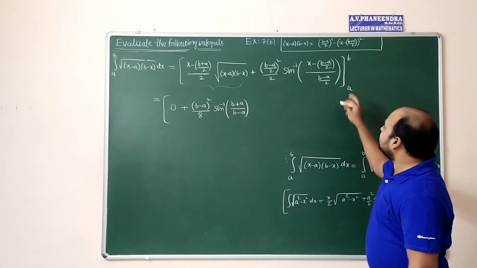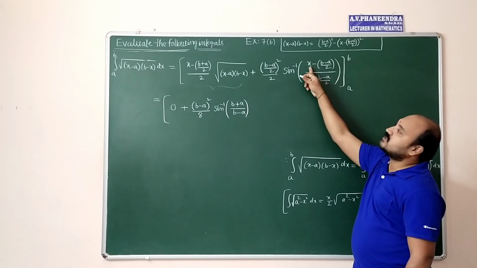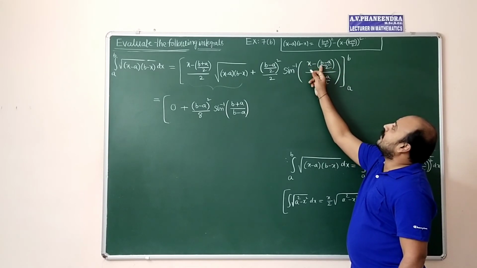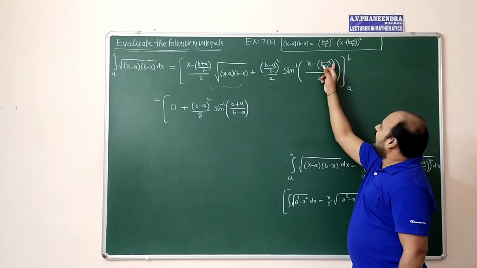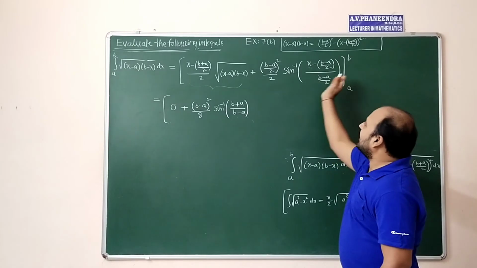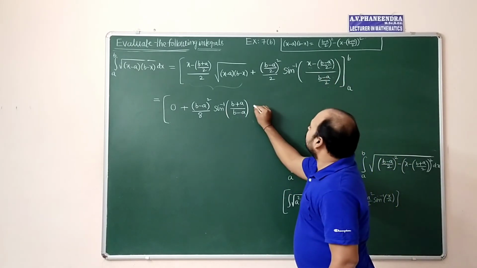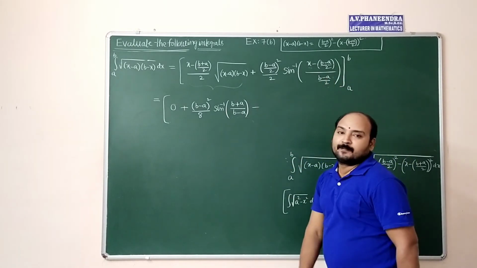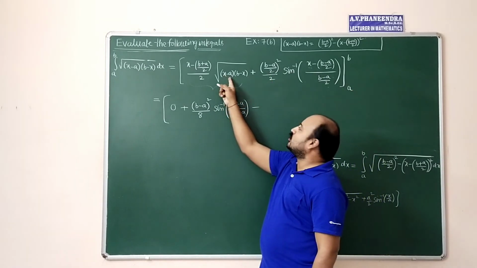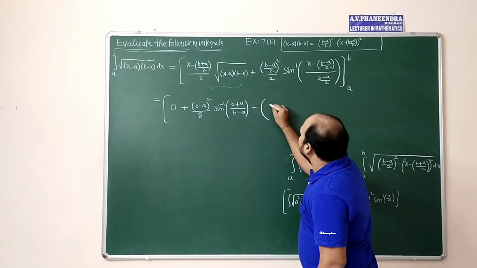Once again I repeat, in place of x upper limit b substituting. So 2b minus b plus a, 2b minus b is b plus a, here 2 get cancelled, denominator is b minus a. So upper limit is completed. Come to minus lower limit. Whenever x is equal to a, substitute in this, a minus a goes to be 0, keep bracket.